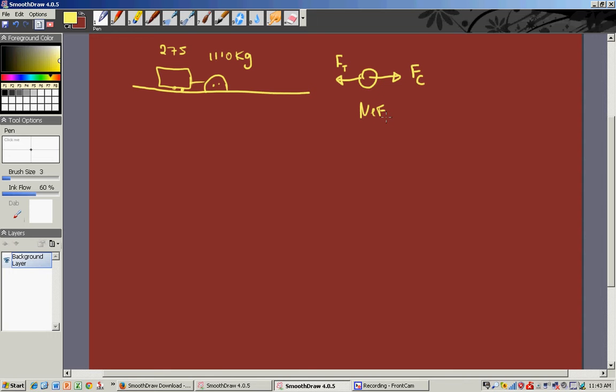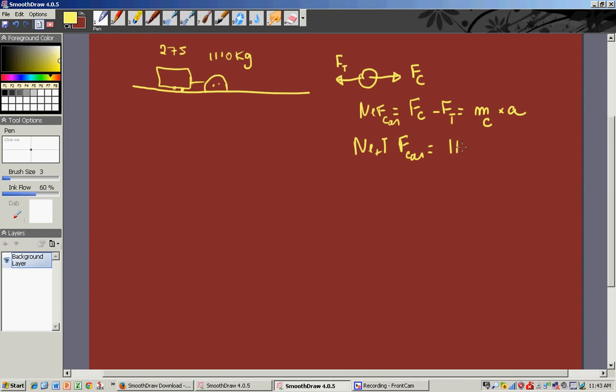So the net force on the car is equal to F of the car, the thrust, minus Ft, and this is equal to mass of car times acceleration.